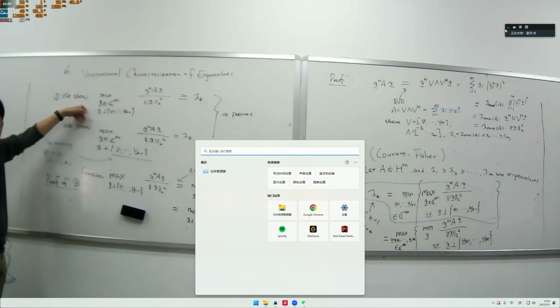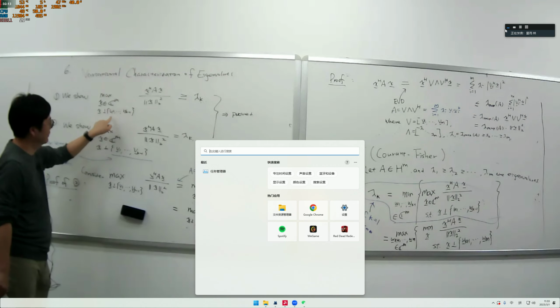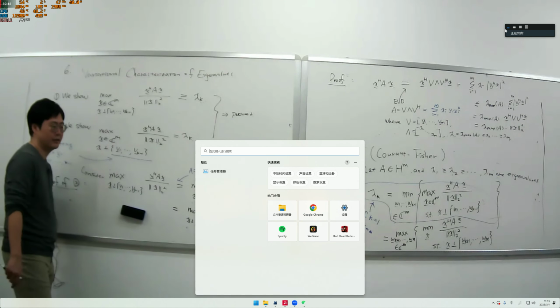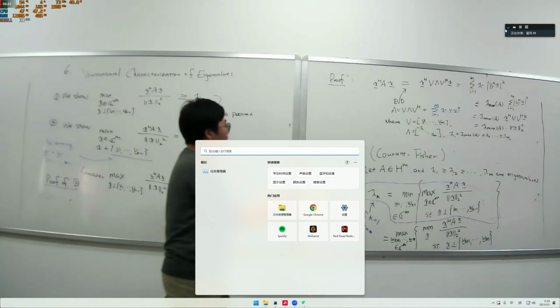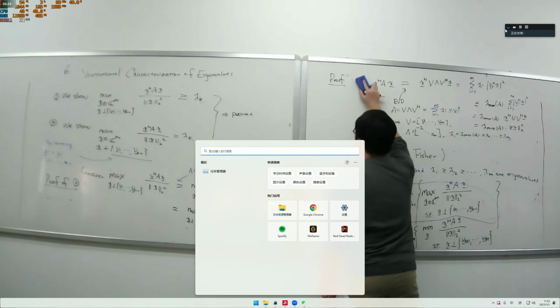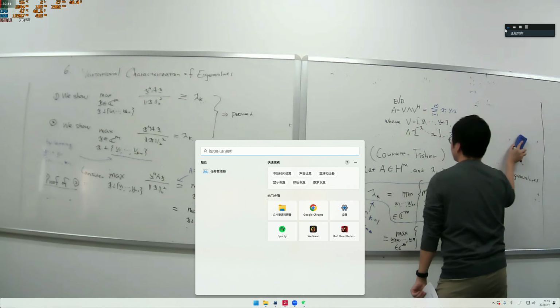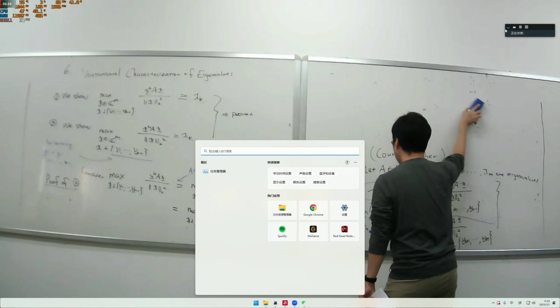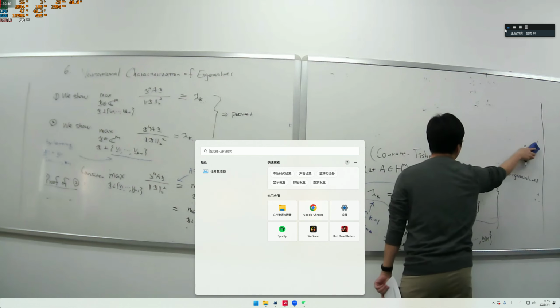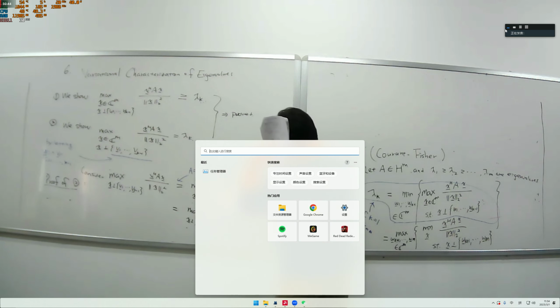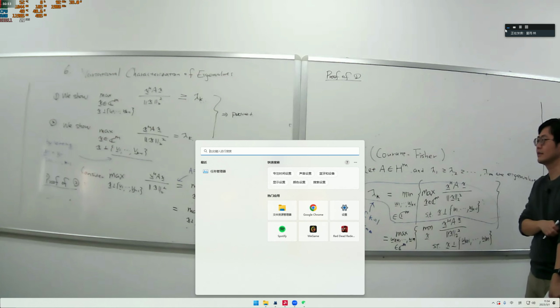Okay, then let's show the first one. If it's arbitrary, it's still no less than lambda k. Okay, let's check out the first one.